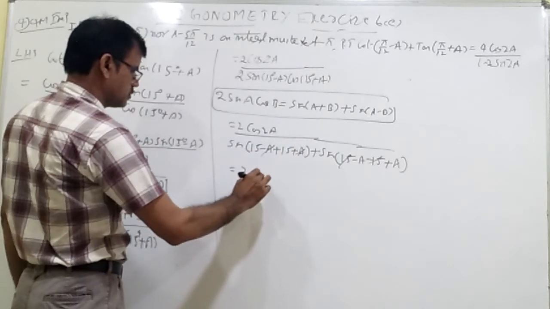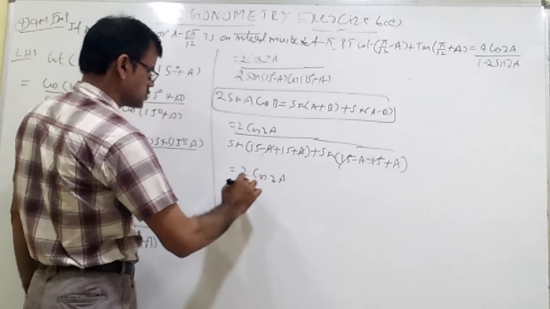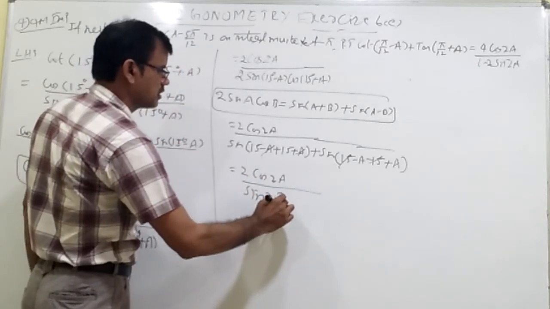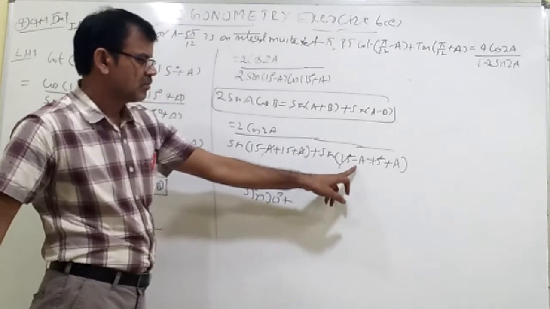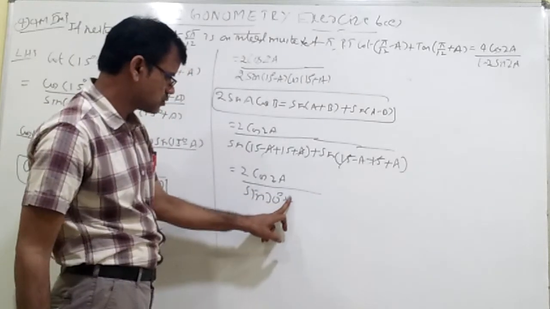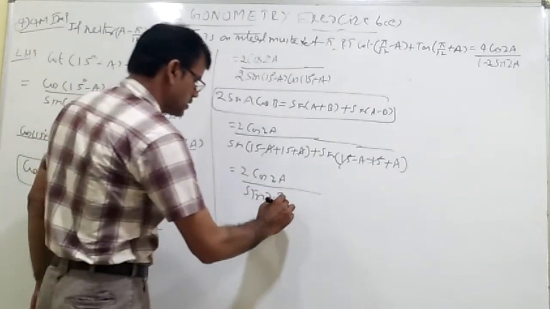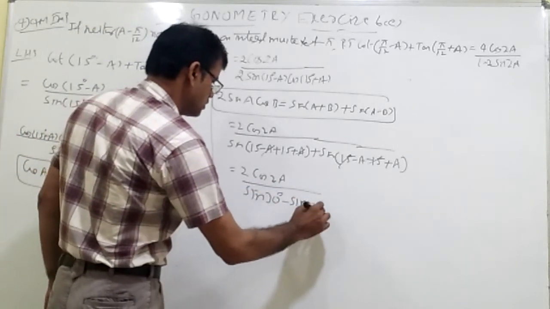That is equal to 2 cos 2a whole by sin 30 plus sin of minus 2a, students. Whenever sin of minus theta is there, it is minus sin theta. So write here minus sin 2a.